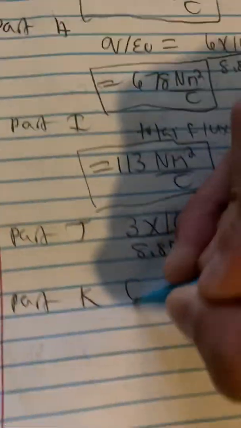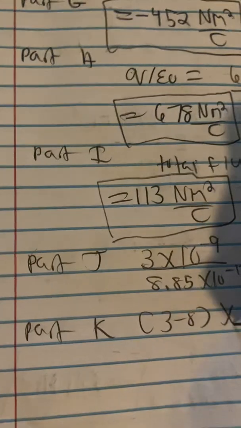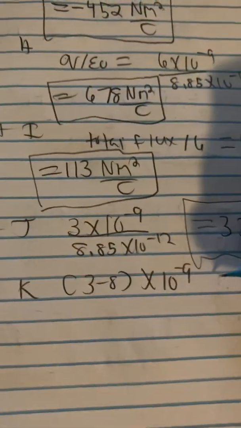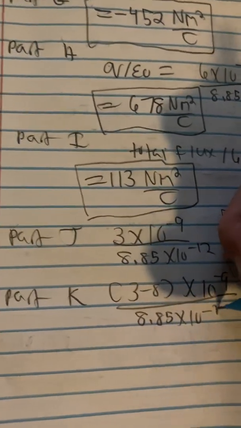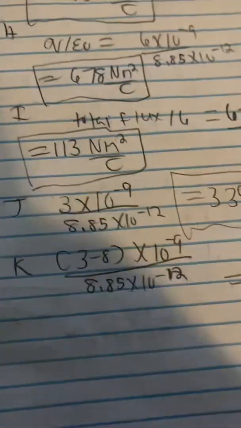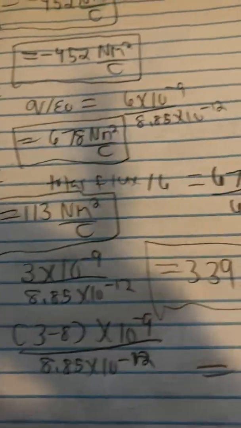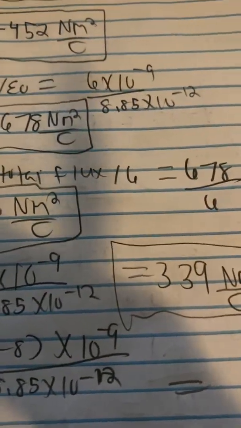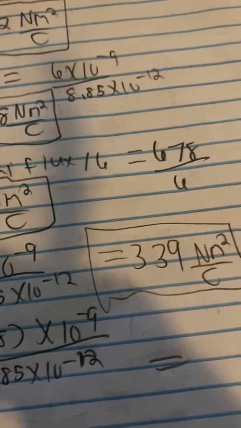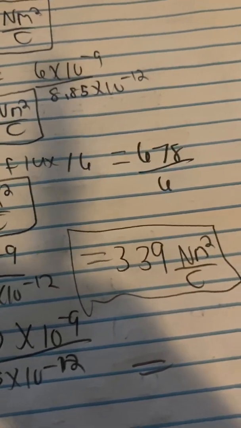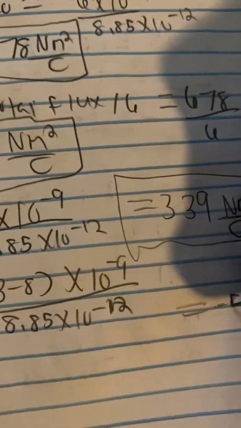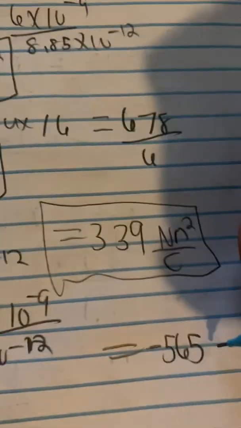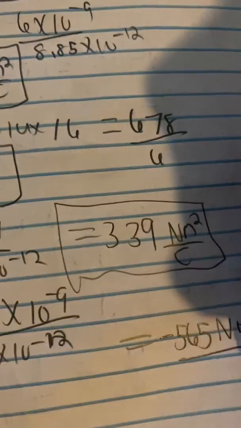So what we do is 3 minus 8 times 10 to the negative 9, all divided by 8.85 times 10 to the negative 12, which will give us negative 565 N·m² per C.